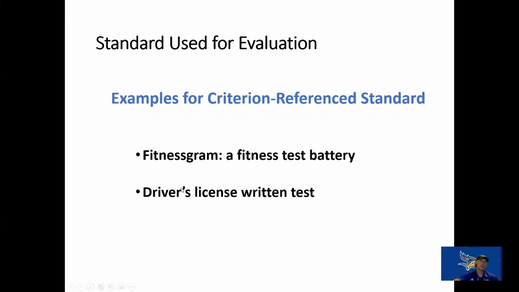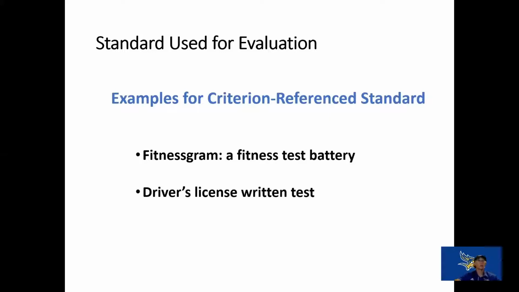Okay, so some examples here, like the FitnessGram test, we have a set number for if you don't achieve this score, you are not fit, or if you achieve this score, you are fit. Things like a driver's license test. Okay, if you don't achieve 80% correct answers, you don't pass.